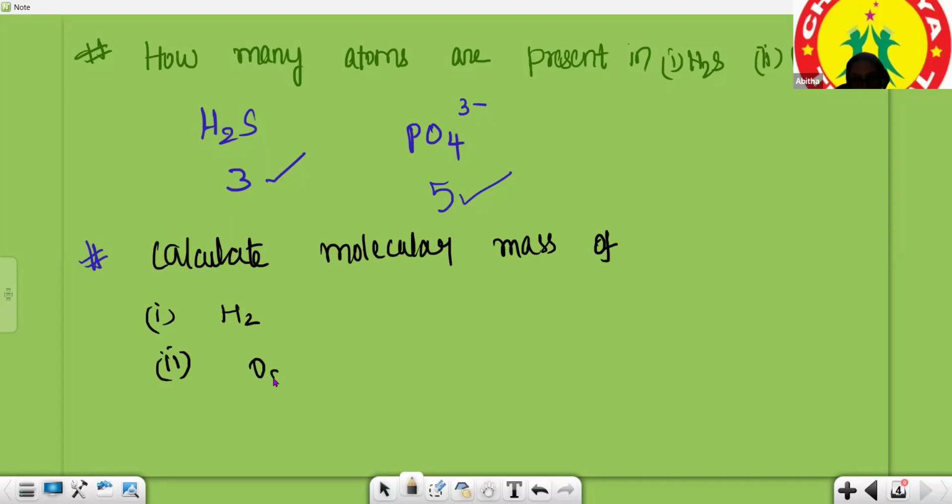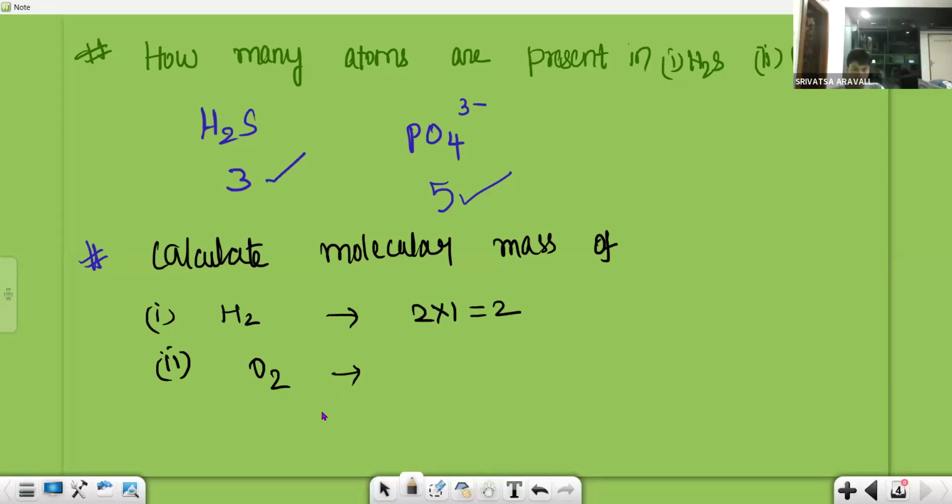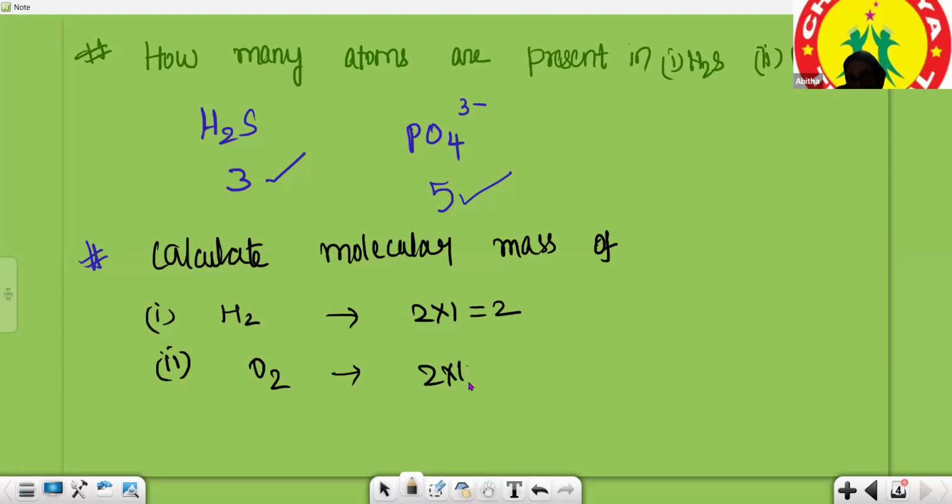Then O2. Oxygen is an exception number, so it will be 16, and 2 into 16 is 32. Very good. Perfect.